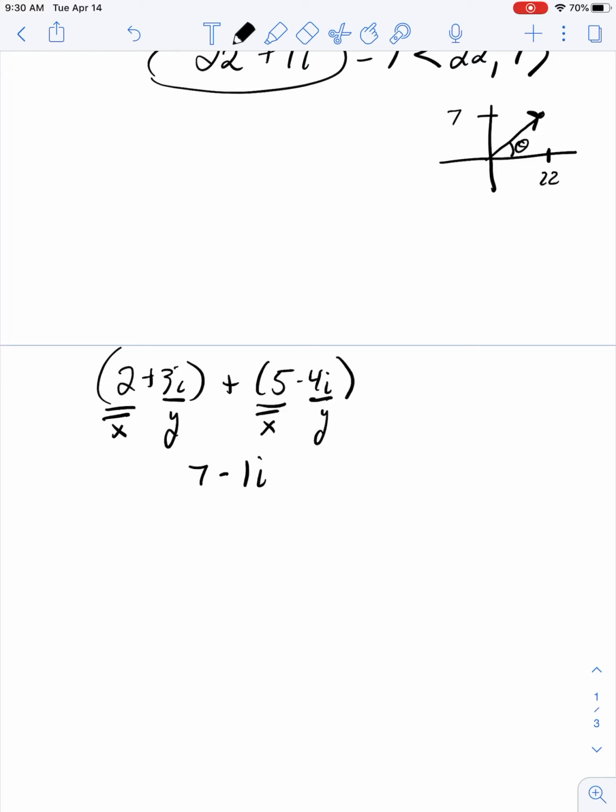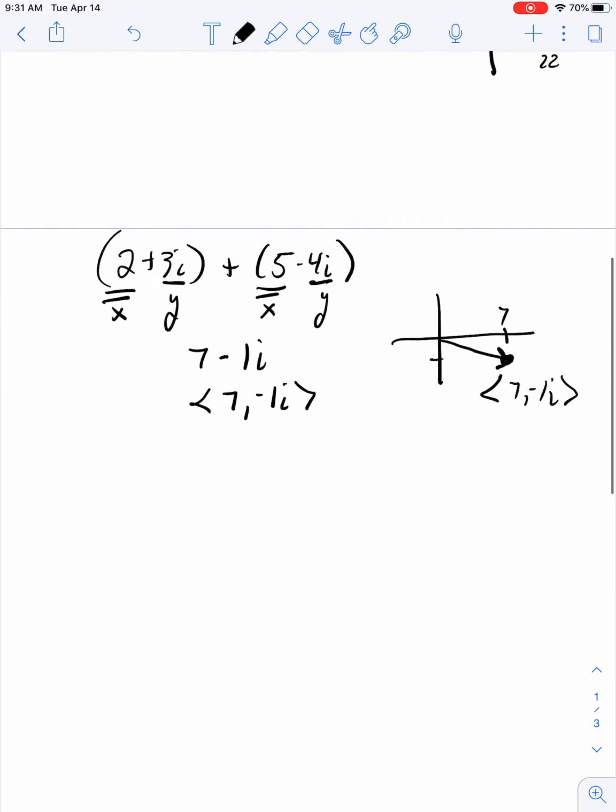And again, this can be written as an ordered pair, 7 comma negative 1i, like that. And if you want to graph it out, you have out 7 and negative 1. So therefore, that would be that component of 7 comma negative 1i.